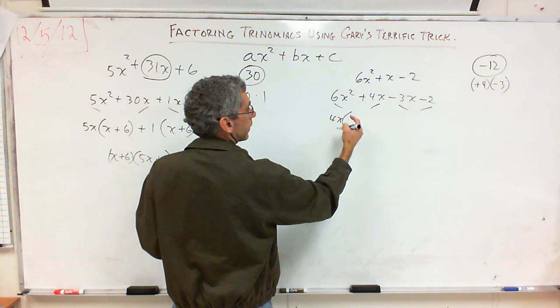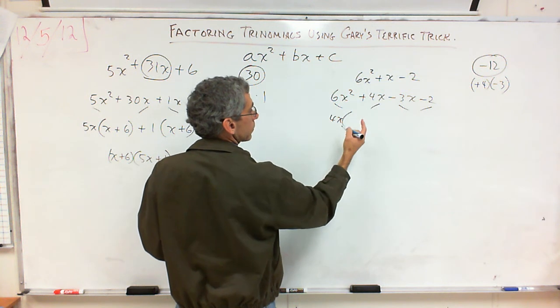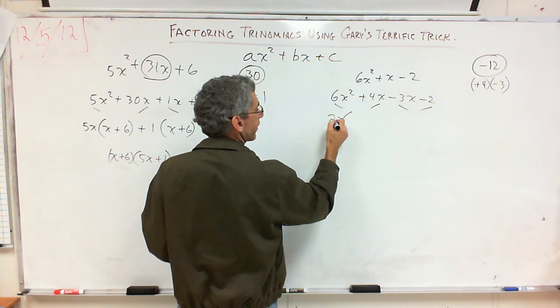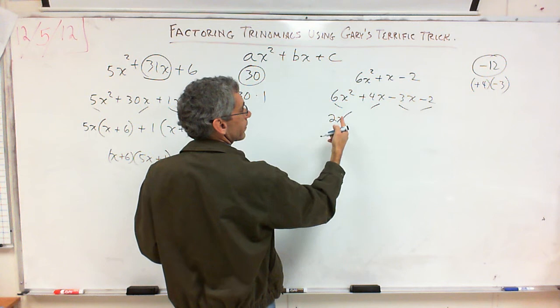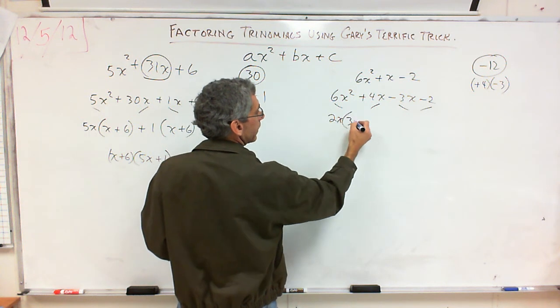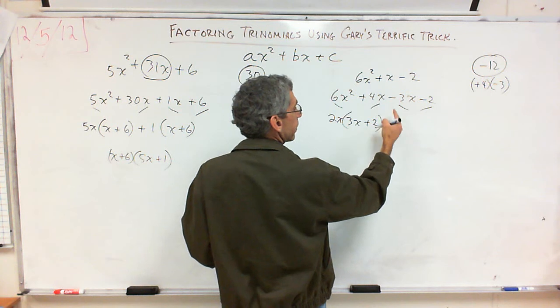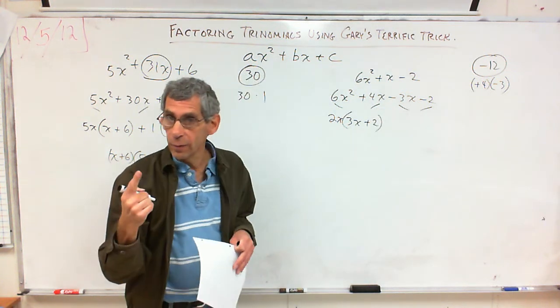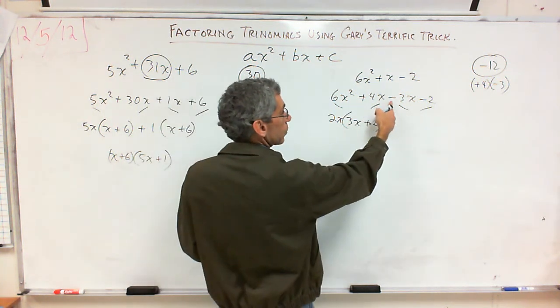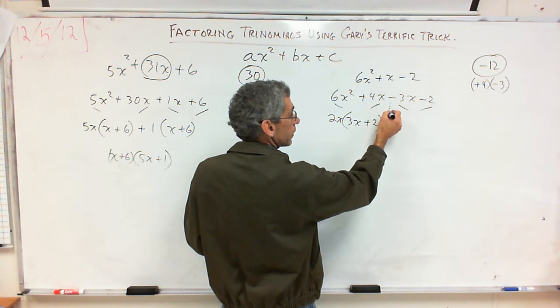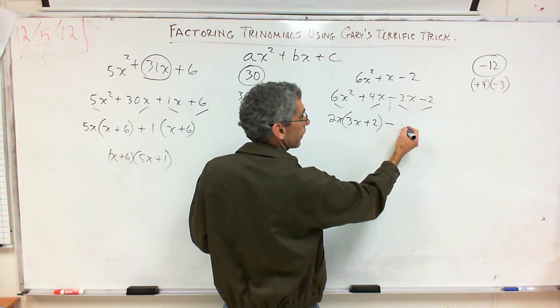2x, thank you so much, 2x, times 3x plus 2, am I right? And then, remember this minus? When the minus is connecting the groups, that's going to screw things up as soon as I put parentheses.